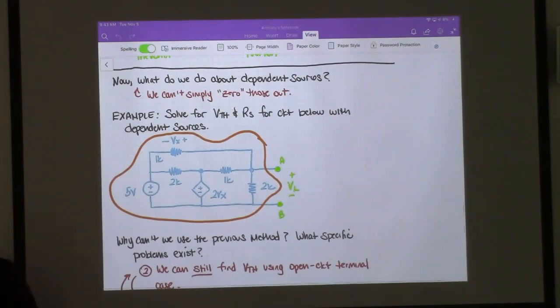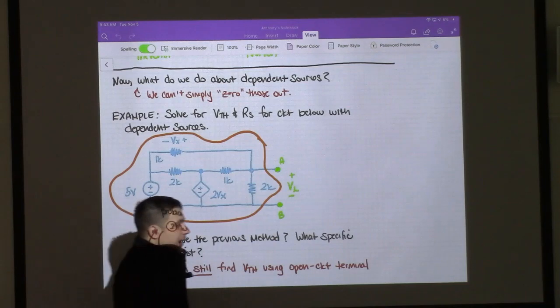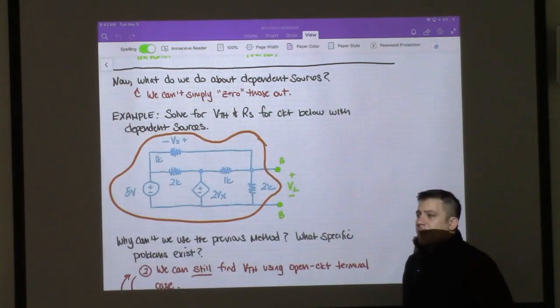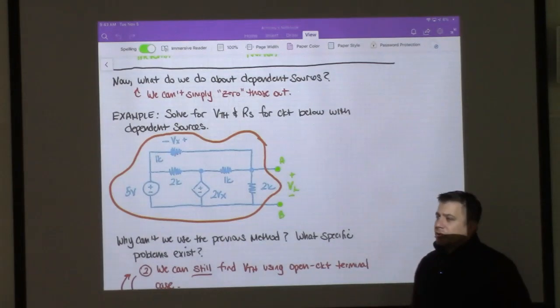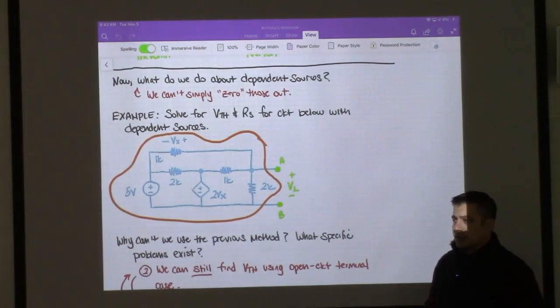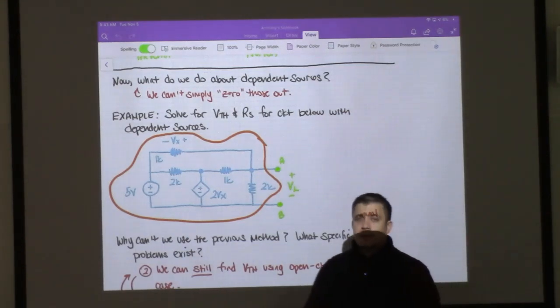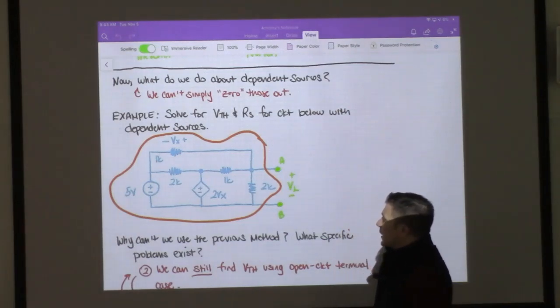What you see is that this circuit has a dependent voltage. That screws up step number 1 because we can't simply short out the dependent voltage source. That's going to eliminate one of the relationships within the circuit, and that's going to skew the answer. So we have to do it a slightly different way.